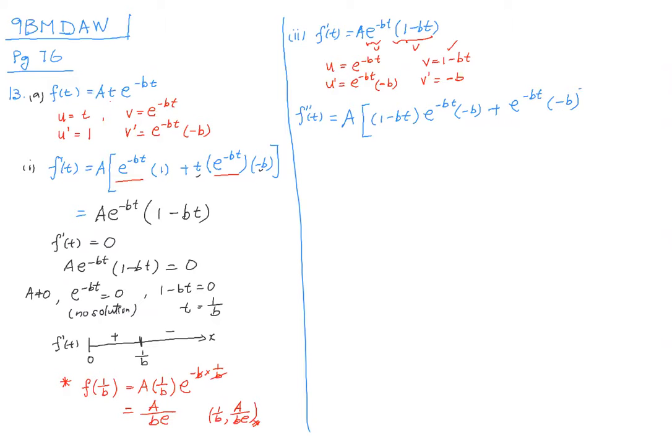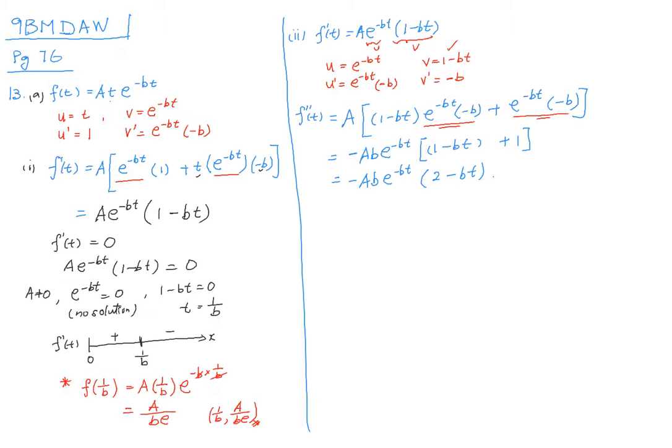Okay, so you look, the common factor is this whole thing, right? So you factorize out the common factor. So negative a b e to the power negative bt, open bracket, 1 minus bt. This whole thing you take out already, you have to put plus 1. So you got negative a b e to the power negative bt, 2 minus bt.